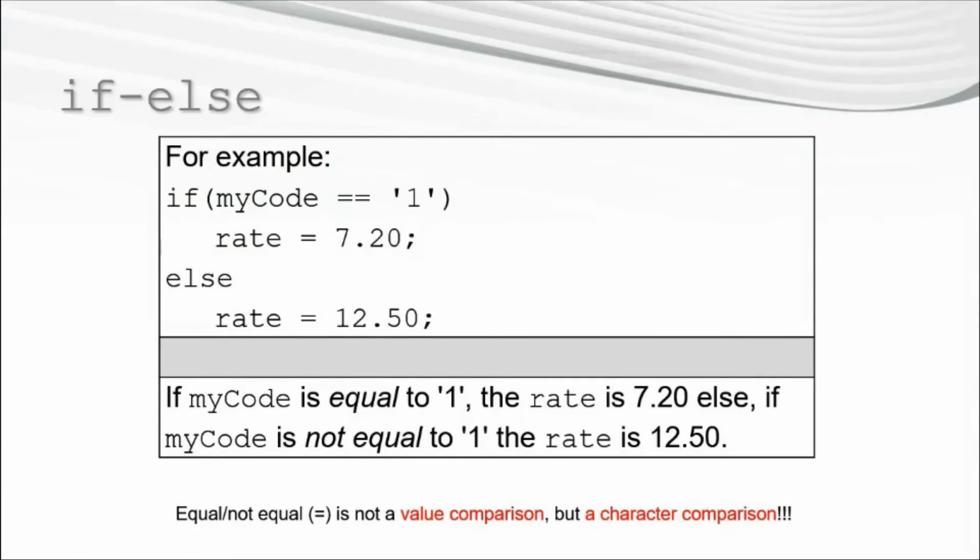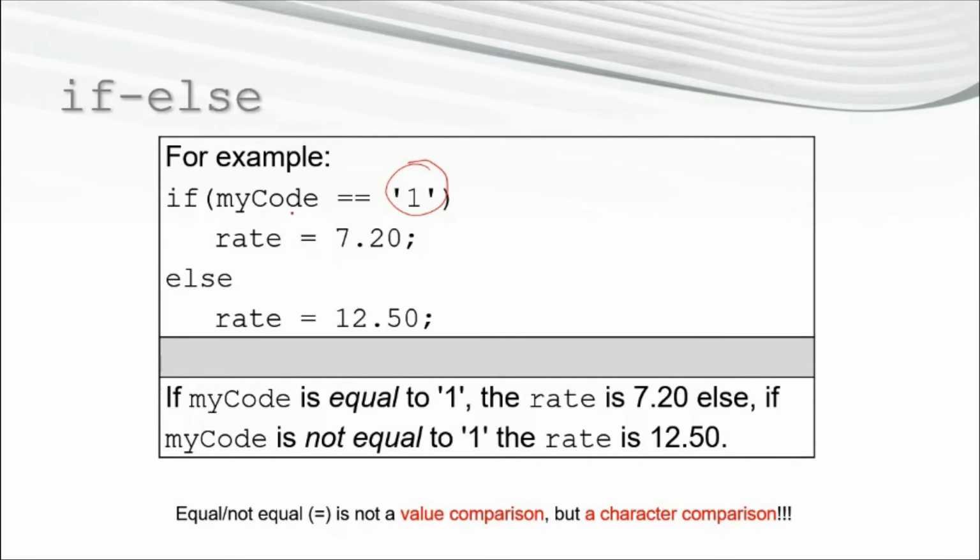An example of this if-else statement: if my code is equal to 1, then rate is 7.20, else rate is 12.50. Here, 1 is the character 1, not the value 1. If my code is equal to character 1, the rate is taken as 7.20.